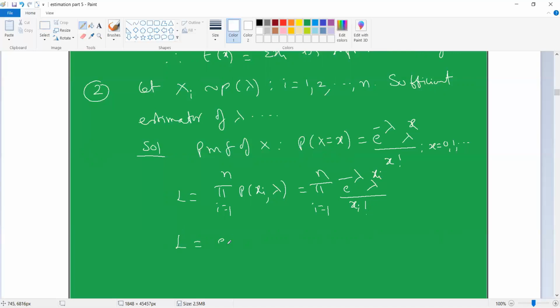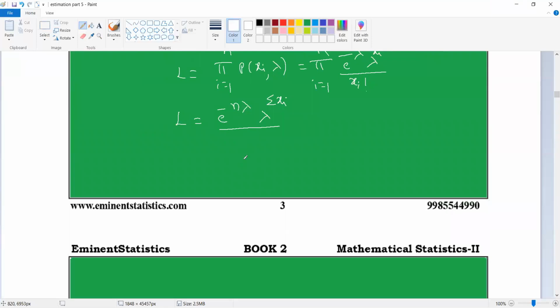L is equal to e^(-nλ) λ^(summation xi) divided by the product of xi factorial.